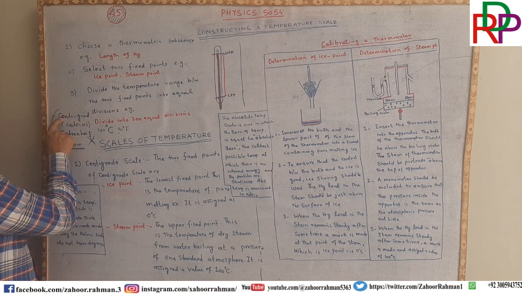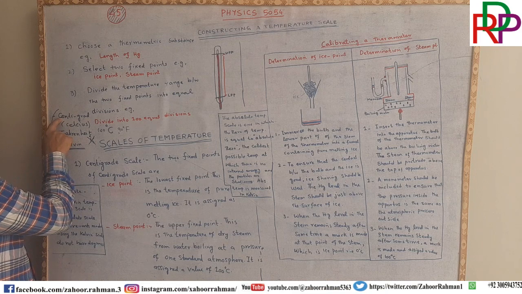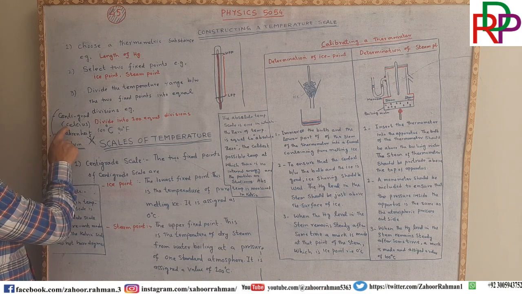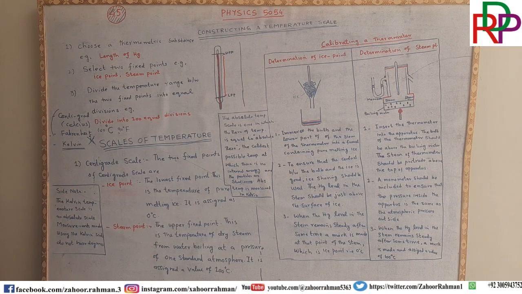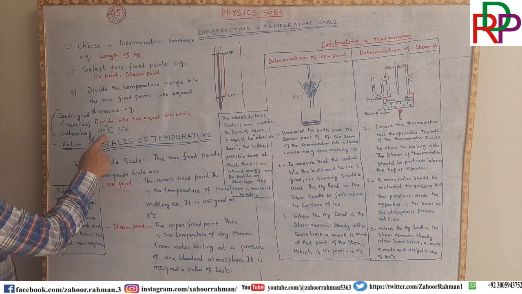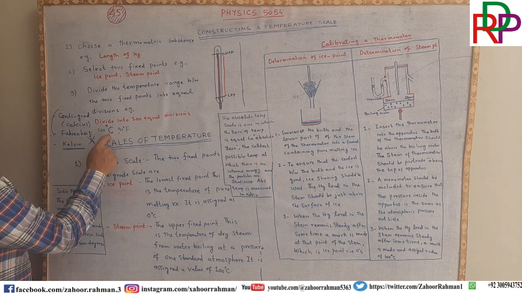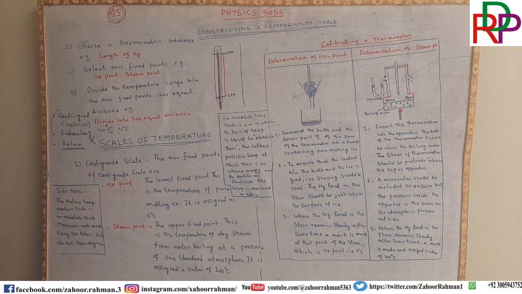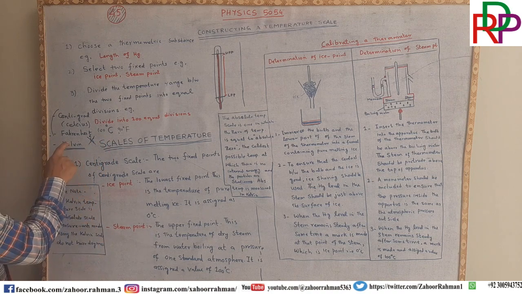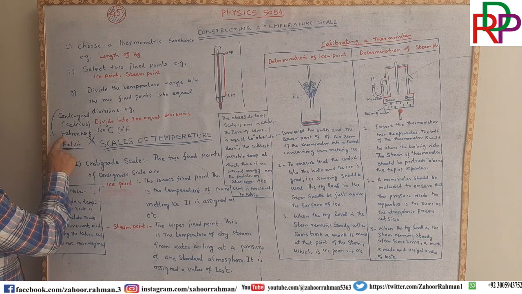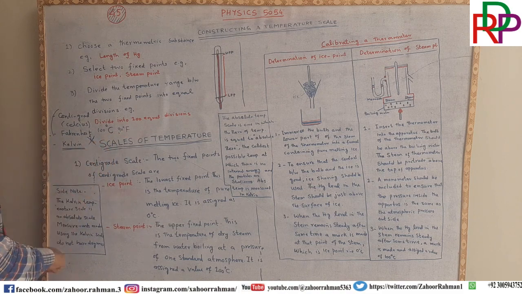For centigrade, because Celsius is also starting from C, we are writing uppercase letter C for degree Celsius. And because Fahrenheit is starting from F, uppercase F is used for Fahrenheit.